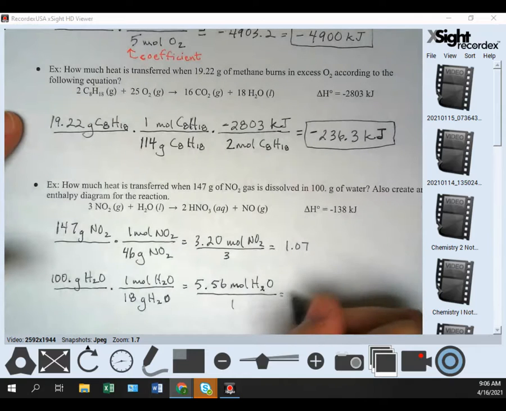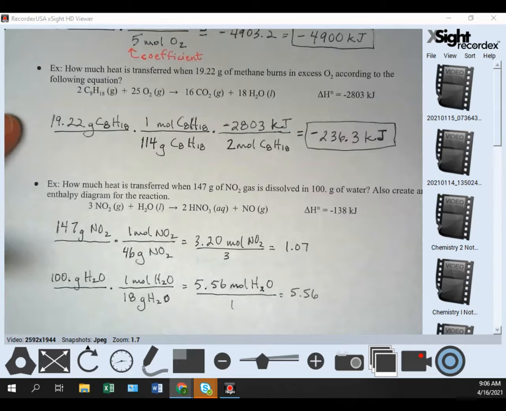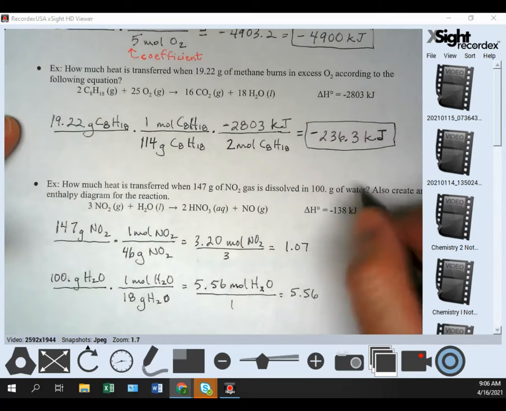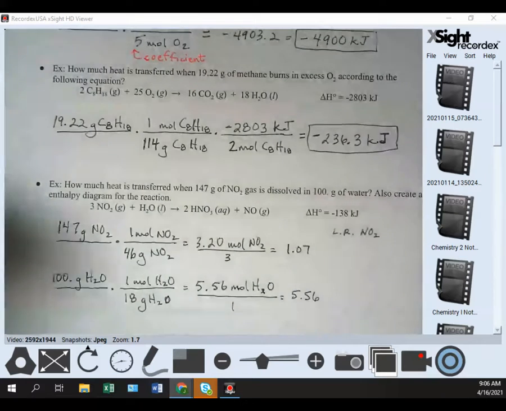And then this is still 5.56. Okay, so what's our limiting reactant? Okay, so limiting reactant is the NO2, right? It didn't ask what the limiting reactant is, but we need to know that to do the next part of it.